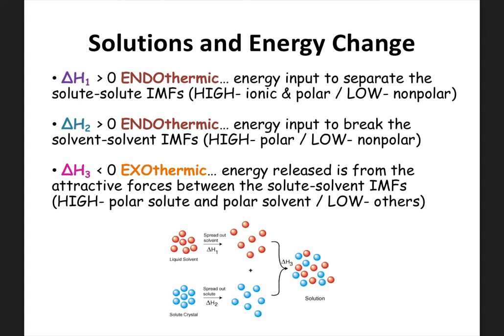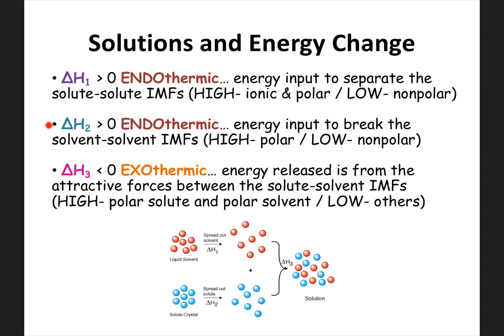If you have to break the IMFs in the solute, it's going to require some energy to be input. It's just that in ionic and polar substances, that's going to take a lot of energy because typically these have stronger IMFs. In a non-polar substance, that value is going to be a little bit lower because non-polar substances typically have weaker IMFs.